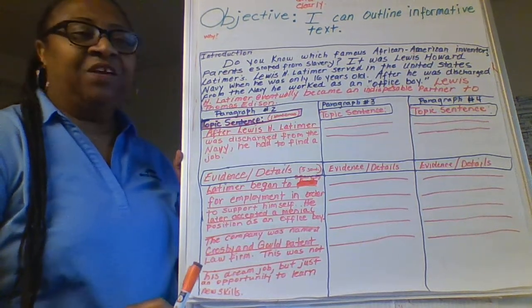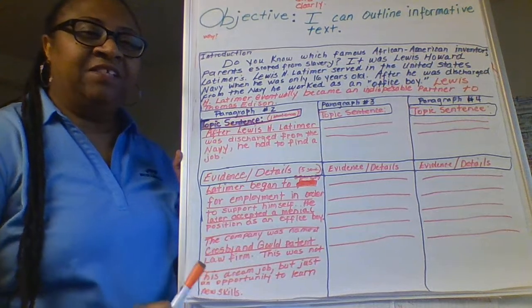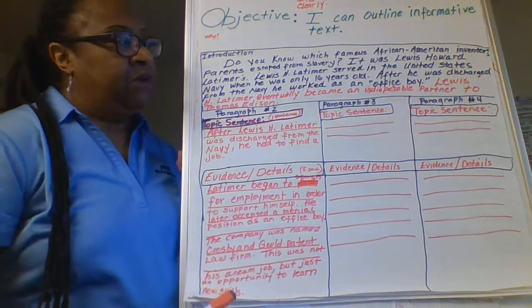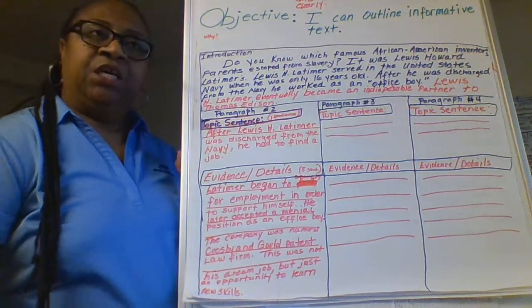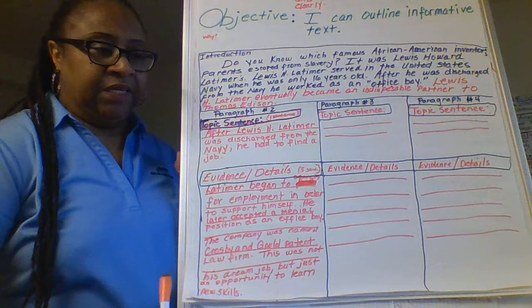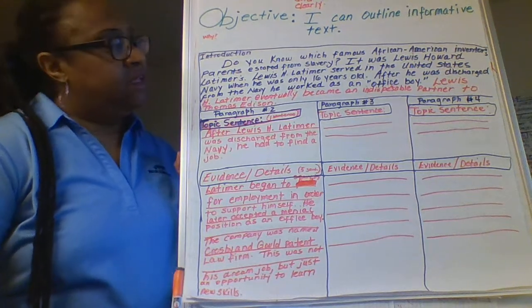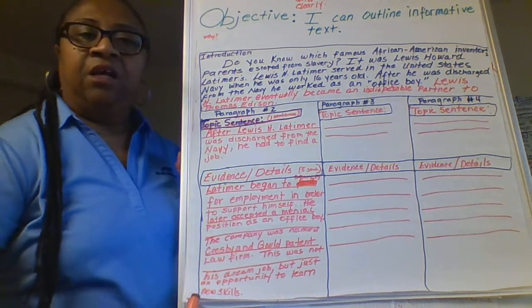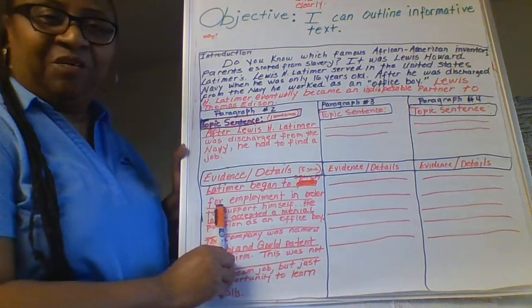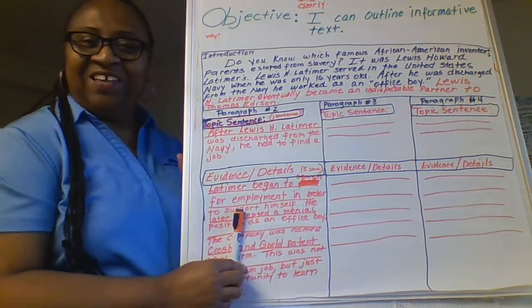Yes. Very good, Makai. I think that's an excellent idea. Makai said that our next topic sentence could state that Lewis learned many new skills in his new job. Okay?